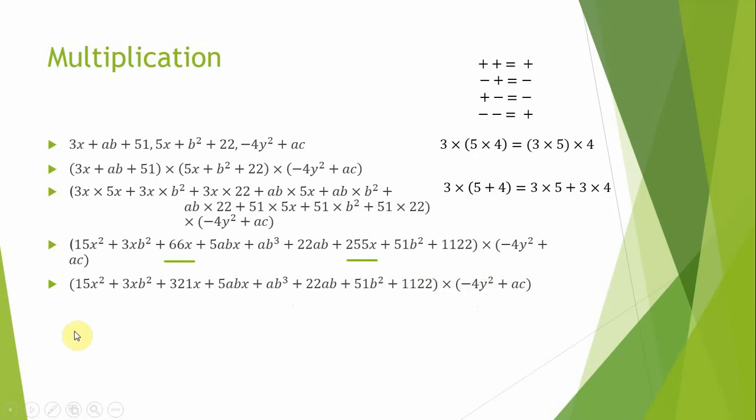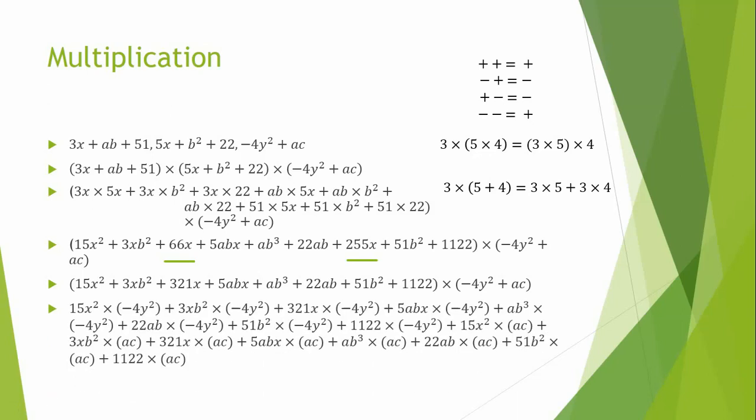Okay, so in order to multiply this, we multiply all of the terms of the first expression by the first term of the second expression, and all of the terms of the first expression with the second term. So this gives us a very big algebraic expression. Let's have a look. So we multiply 15x squared into, remember here, we keep the signs as they are.